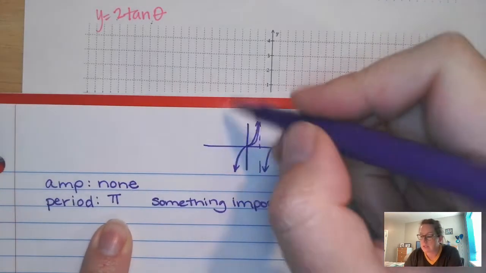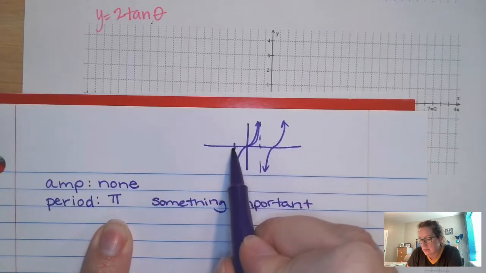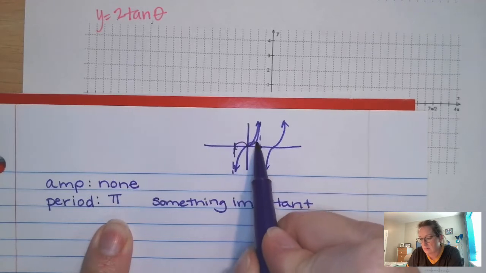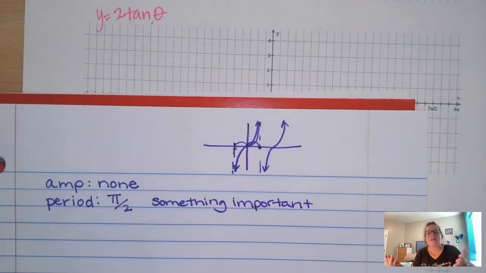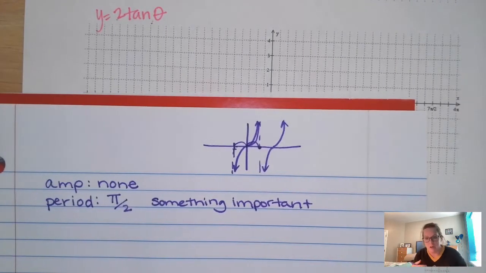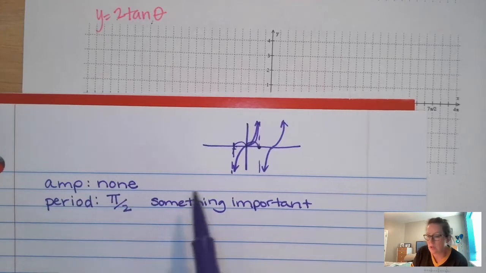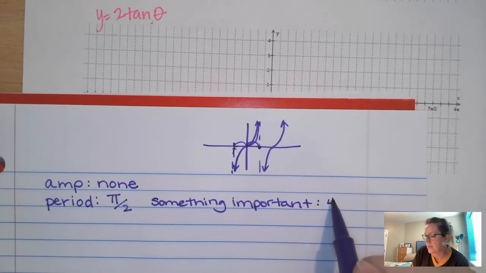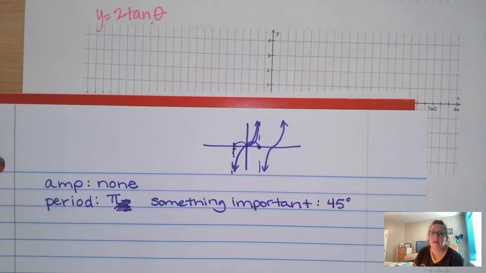Not in tangents and cotangents, because this is 180 degrees. So we either have an asymptote or a 0, an asymptote or a 0. So we're just dividing this guy by 2, which makes sense because the period is half of what it was. So instead of dividing by 4, we're going to divide by half of that, which is 2. So we know we have something important happening every 45 degrees. I'll get rid of this 2 so it doesn't confuse us on our period. Okay. We're not doing shifts yet, so we don't need to worry about that.